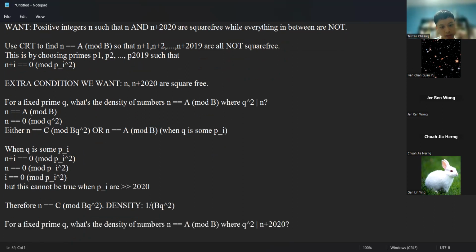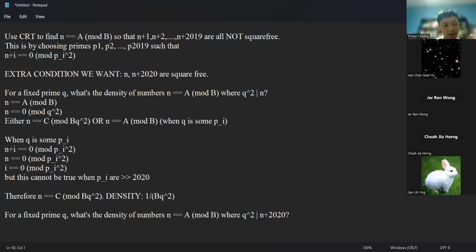Well, same thing for this one. It's the same answer. You just choose your PIs carefully in the end. Again, I think it's the same condition. So the density for this one is also 1 over BQ squared.